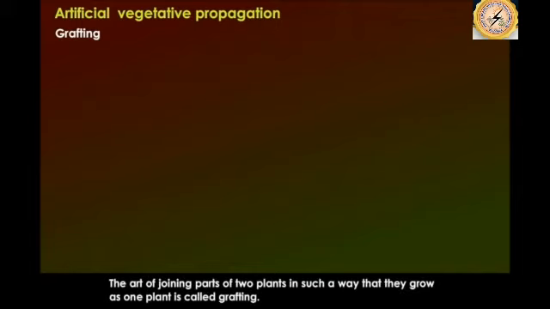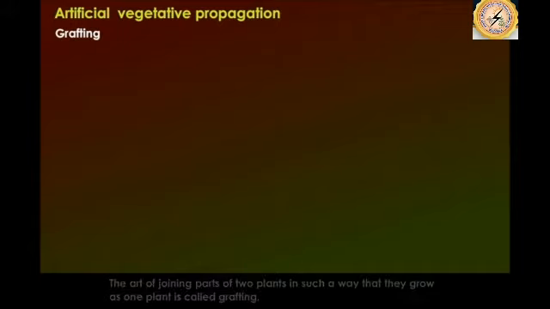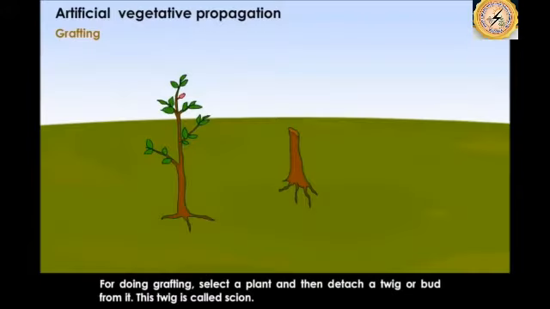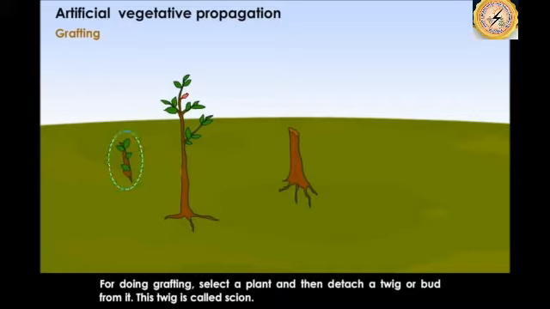In the case of grafting, it is an art of joining the parts of two plants in such a way that they grow as one plant, and that is said to be grafting. For doing it, we have to select a plant and then detach a twig or a bud from it, and this twig is said to be the scion.